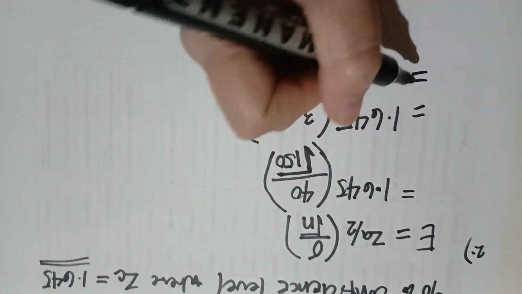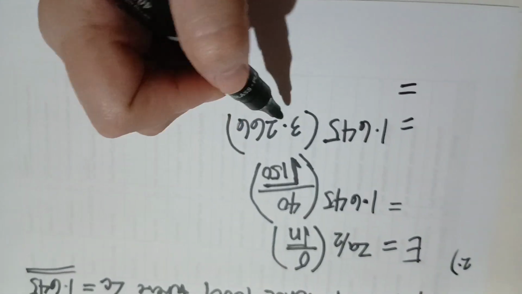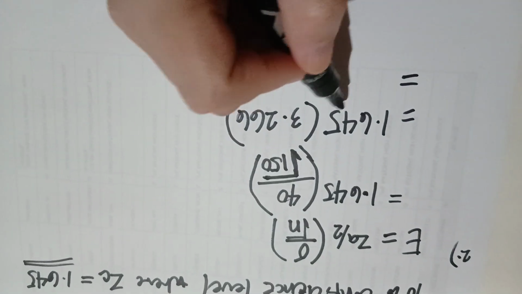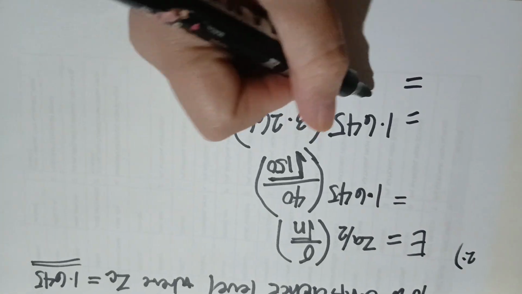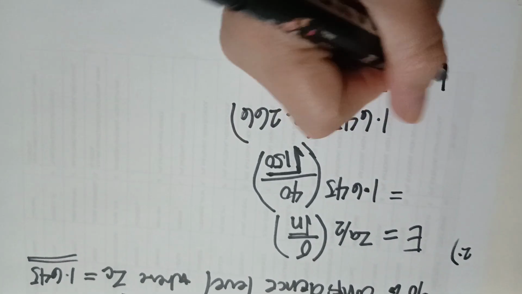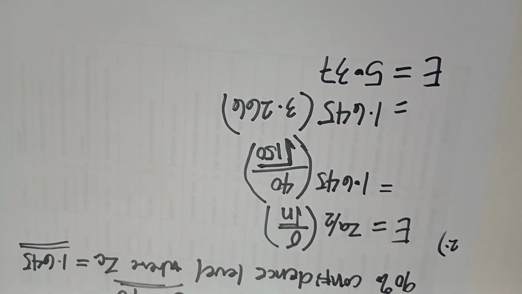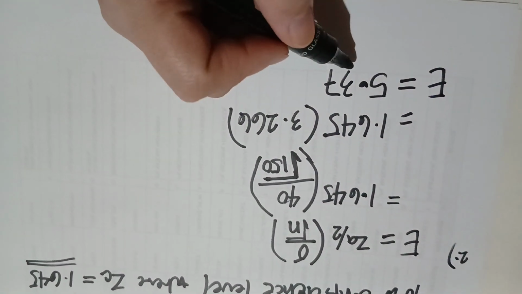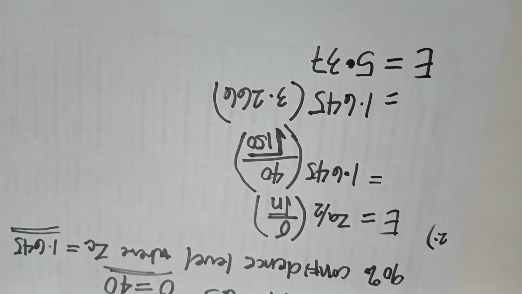For the final answer, the product of 1.645 and 3.266 is 5.37. We round off the final answer to 2 decimal places. That's the margin of error.